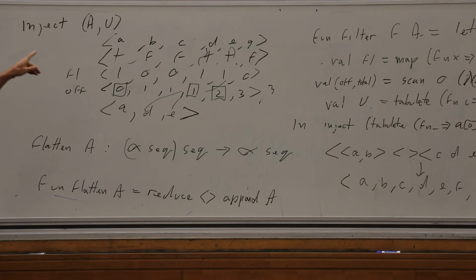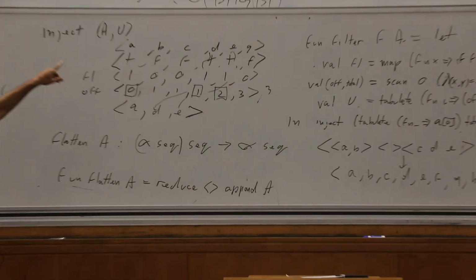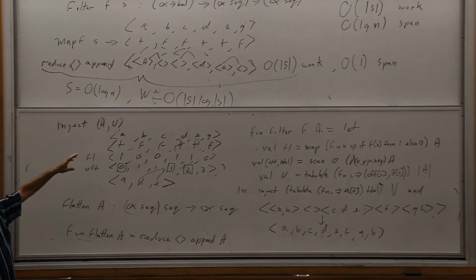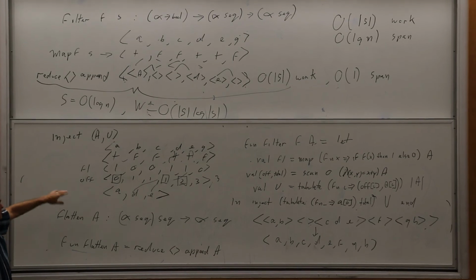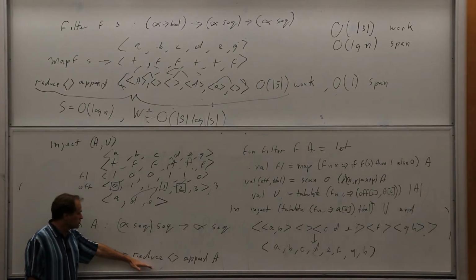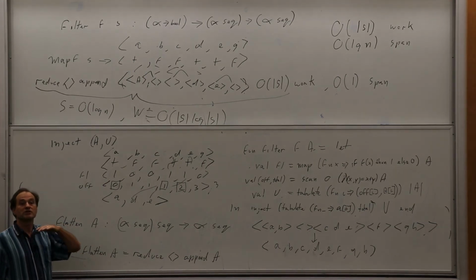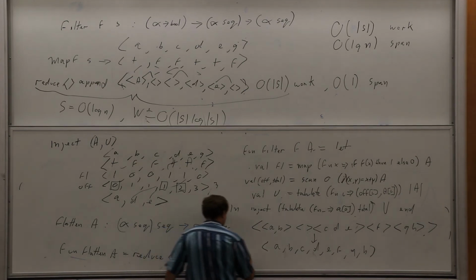In fact, it's what we did in the middle there. We created all of our singleton sequences, and then we did a reduce append. It was a special case there because everything was only length 0 and 1, but it makes no difference to the analysis: the reduce is going to be log n levels, and we're going to do no more than linear work on each level.